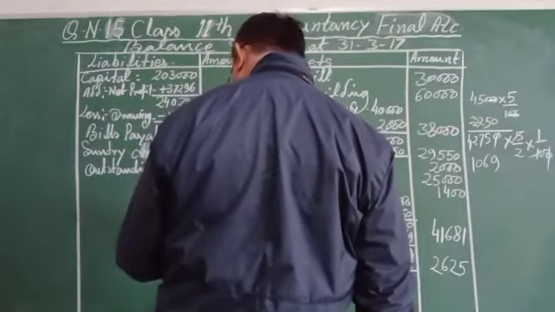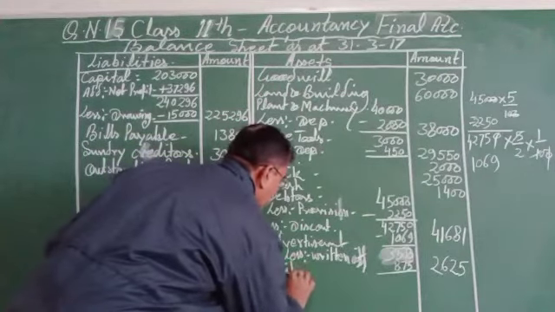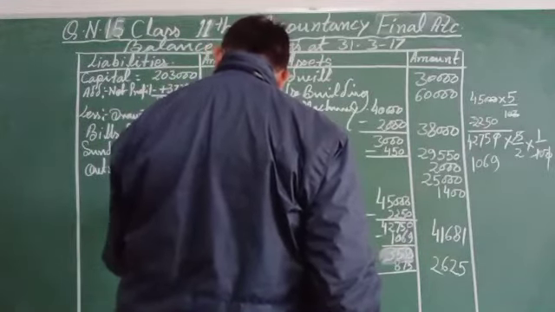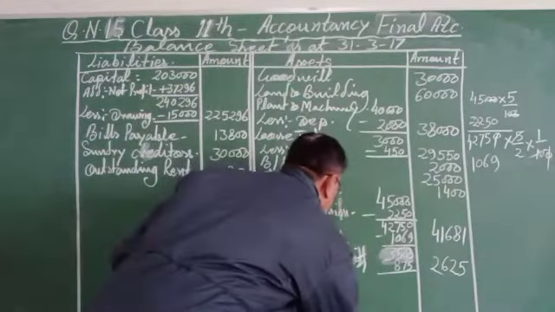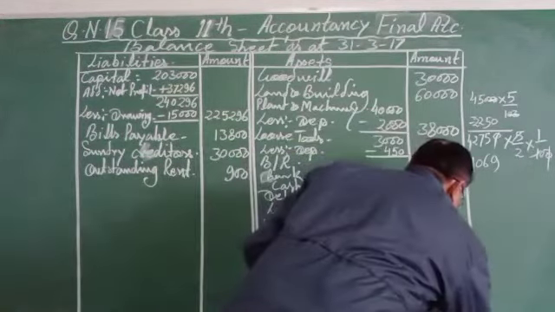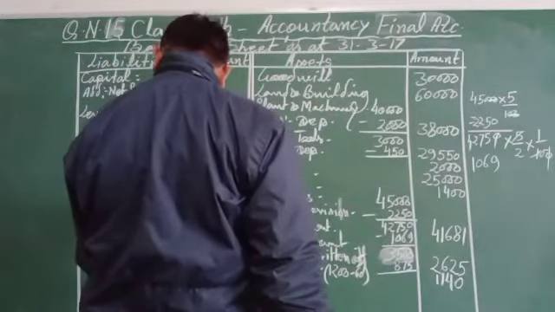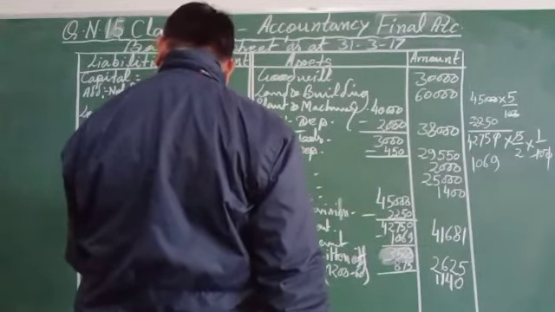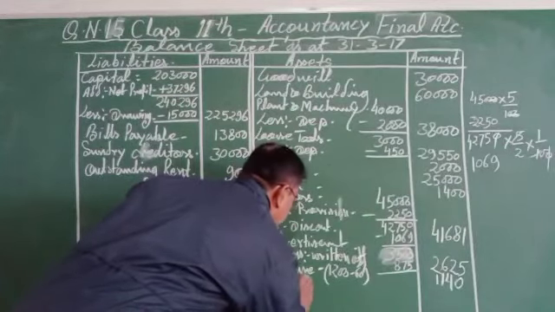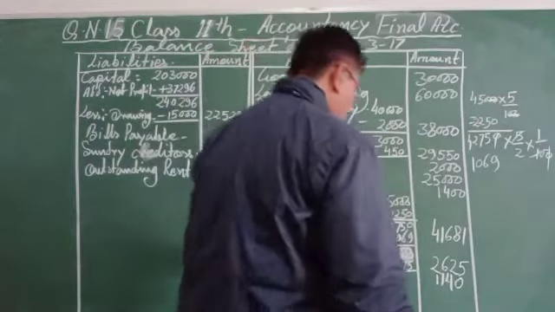Furniture and fixture, that is 5% also. Furniture given 1,200 minus 60, that is the depreciation, equal to 1,140. Then investment, that is given 5,000.